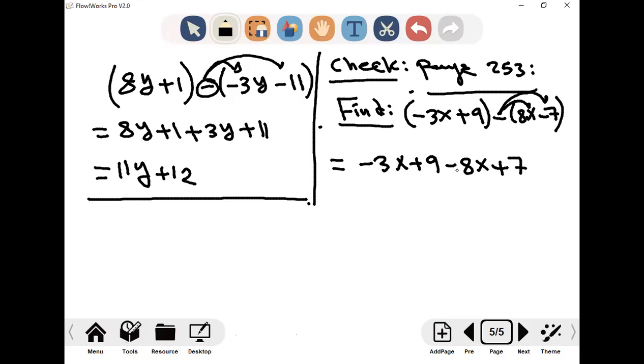Negative 3x, negative 8x, how much? Negative 3x with negative 8x, how much?